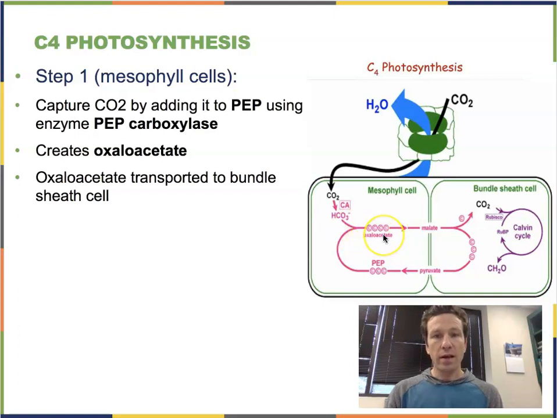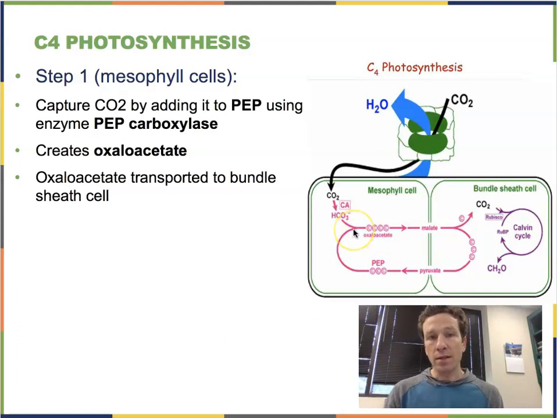So you can see that here. The substrate for this reaction is a 3-carbon compound called PEP. So you can see 3 carbons represented, named PEP, and it is going to combine with CO2, and that is going to generate the 4-carbon compound oxaloacetate.